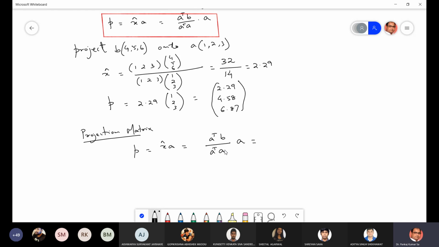Let me bring this vector A on the front side. That won't change things actually. A A transpose upon A transpose A times B.